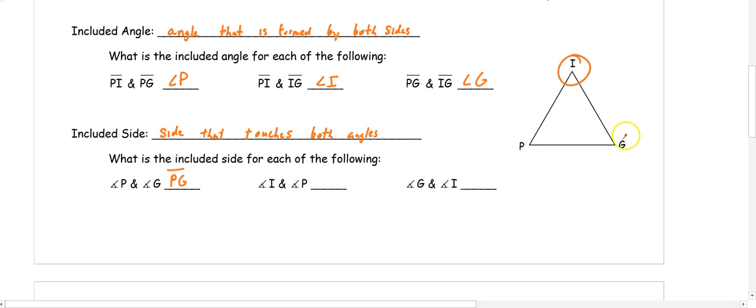If I have angle I and angle G, the side touching both of those is IG. And if I have the angles I and P, the side being touched by both angles is PI.